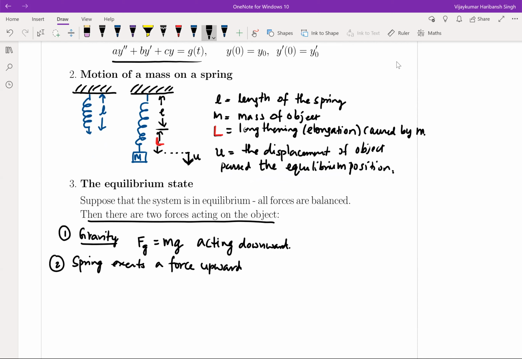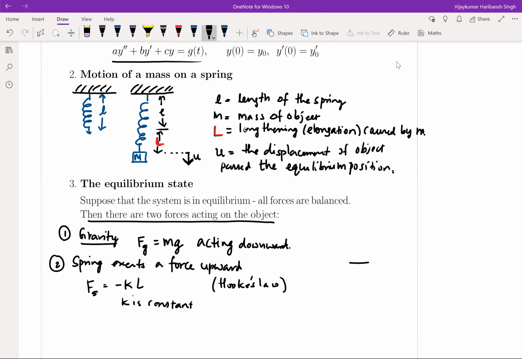What does Hooke's law tell us? That the force exerted on the mass due to the spring is proportional to the length of the elongation. So it's going to be minus k times L, where k is a constant. K is called Hooke's constant, because of Hooke's law.